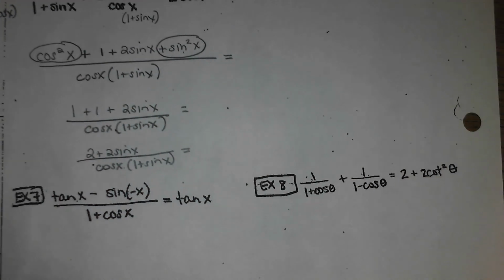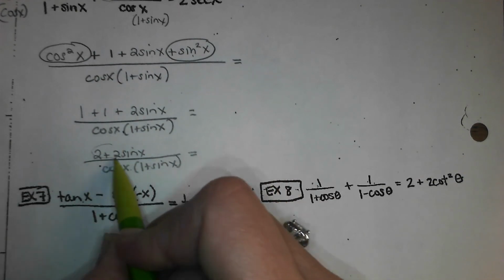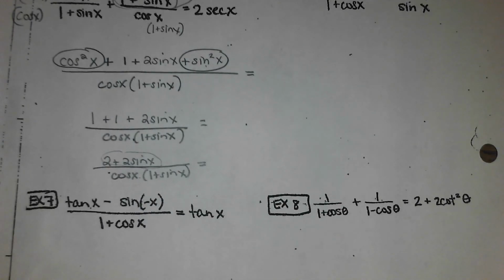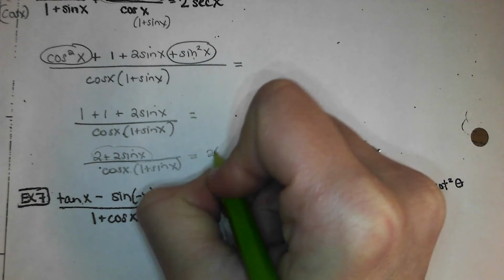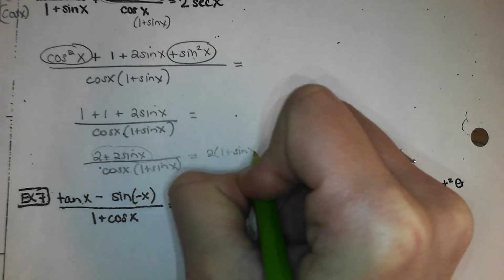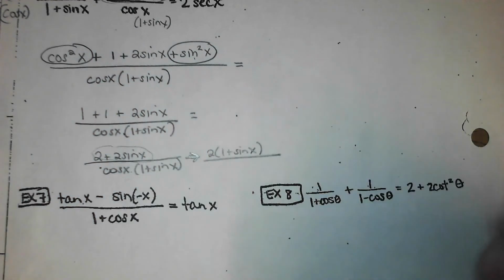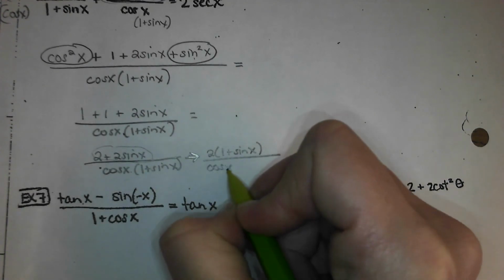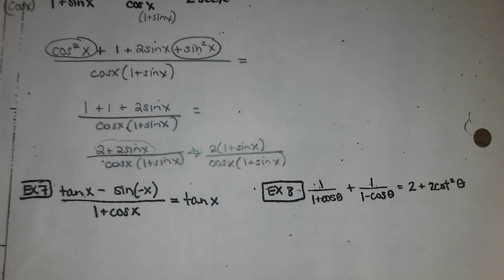Say that again. 2 plus 2 sine x, and then what? Well, I'm looking for you to rewrite the numerator into an expression that doesn't look like 2 plus 2 sine x. Yes, you can factor out a 2. I'm going this way, by the way. And do you see what that did for you, Nate?